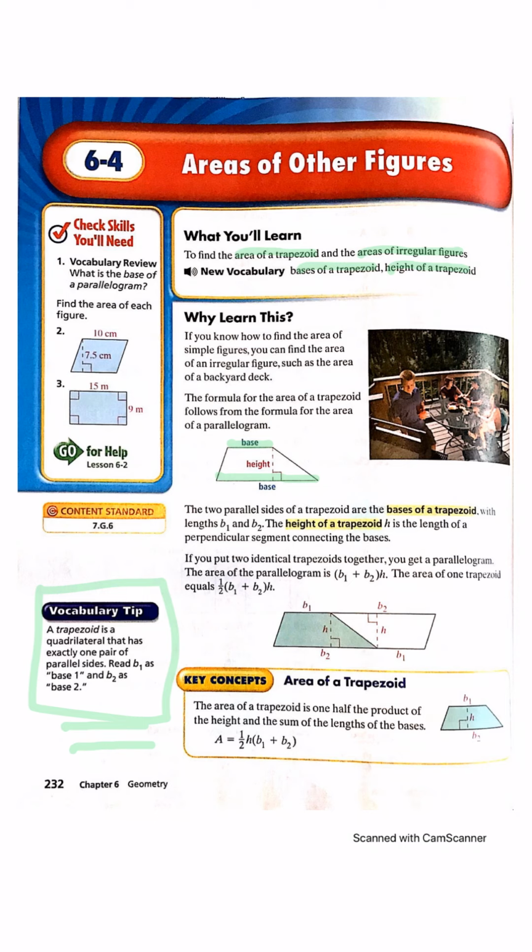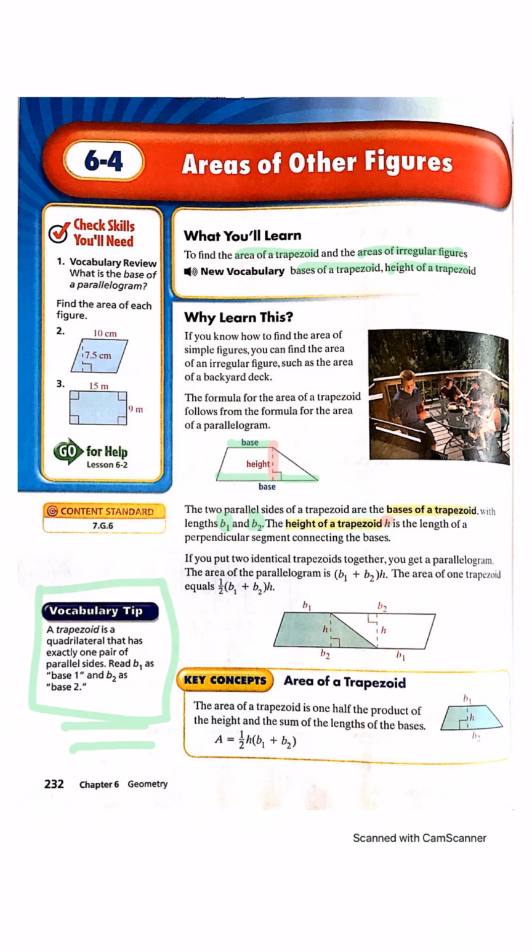The 2 parallel sides of a trapezoid are the bases of a trapezoid with the lengths B1 and B2. The height of the trapezoid, H, is the length of the perpendicular segment connecting the bases. So our height is going to be right here.